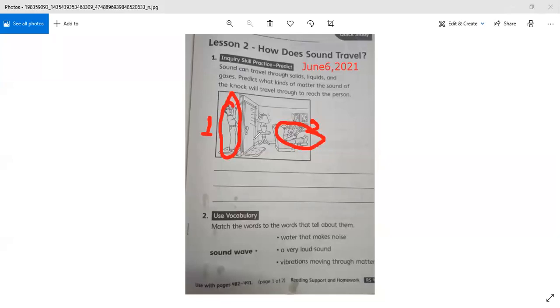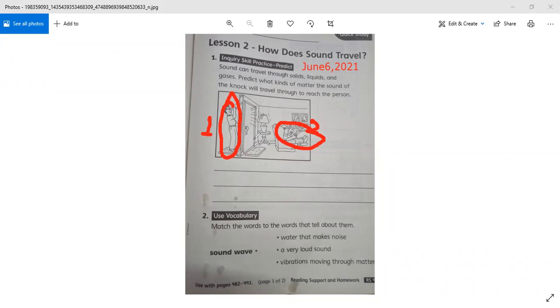Solid and gas. Excellent. Where is the gas? The air.